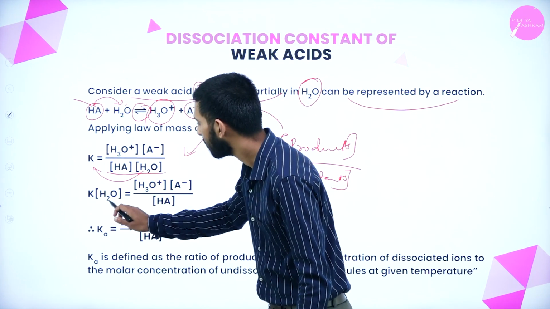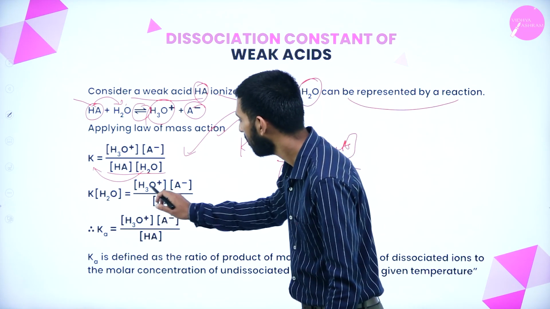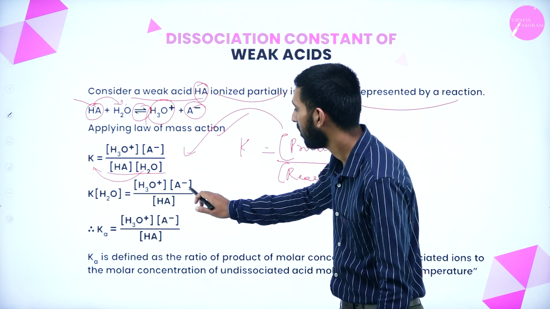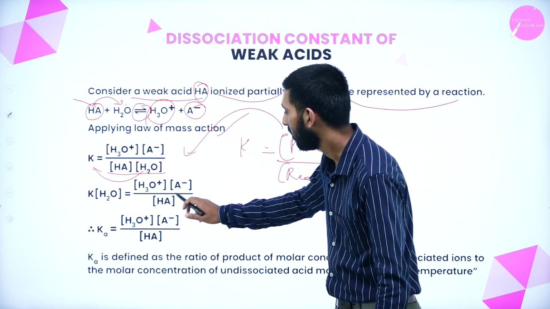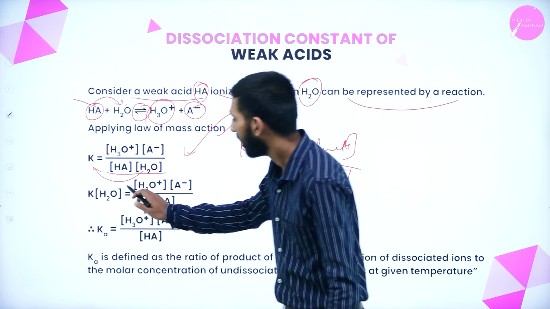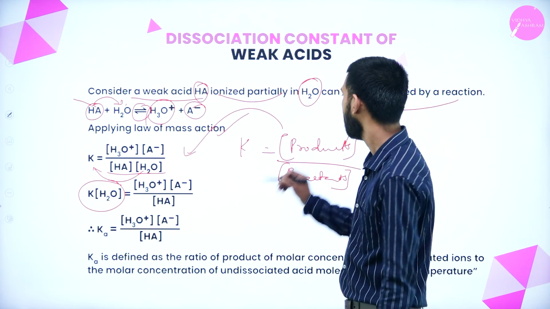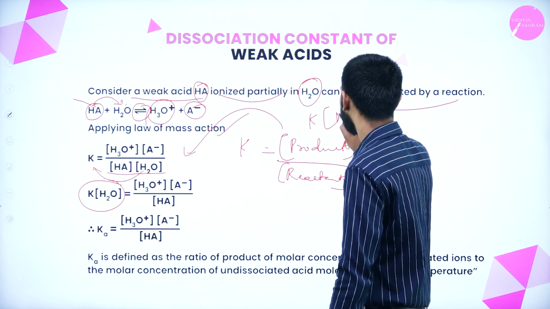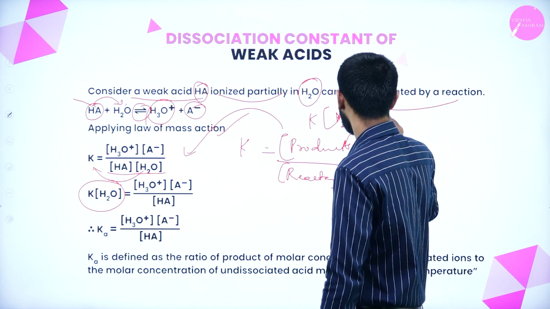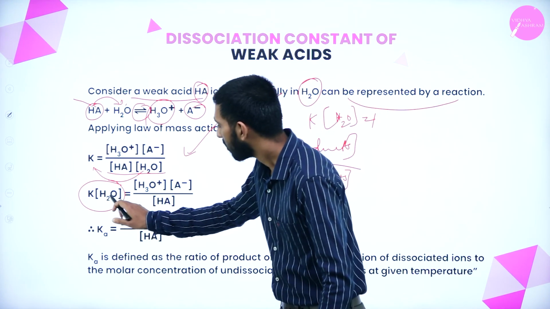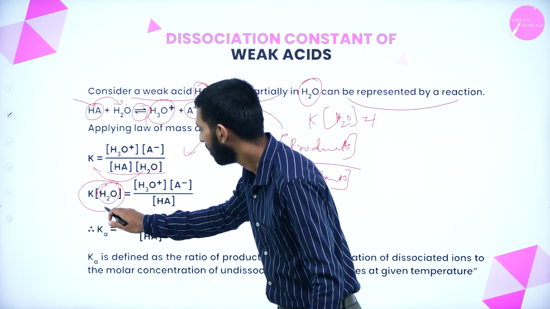So K into the concentration of water molecule is equal to the concentration of hydrogen ion into the concentration of anion divided by HA. K into H2O can be considered equal to 1, so the concentration of water molecule is taken as 1.